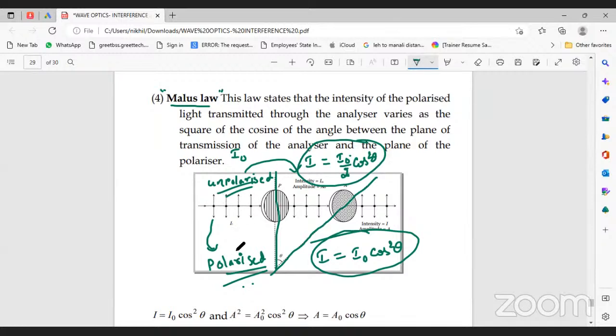When do you write I naught by 2? Only when the incident light is unpolarized. If the incident light is polarized, you use only I naught. Please remember these two differences.